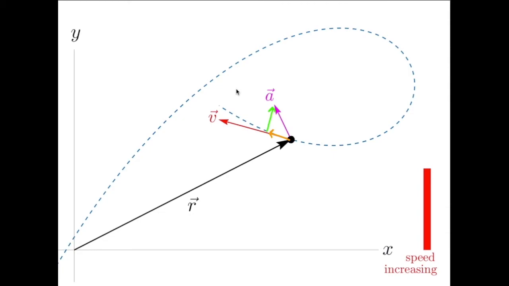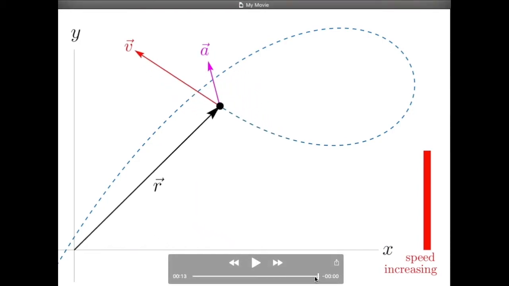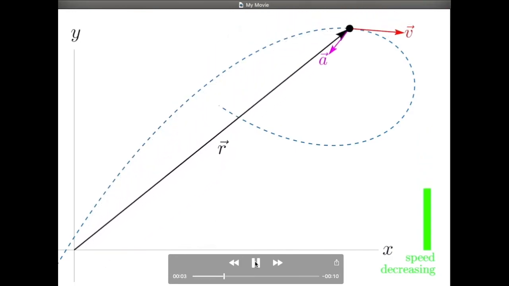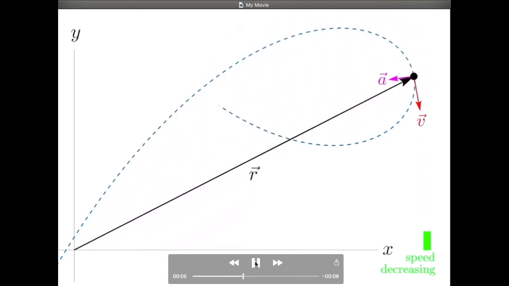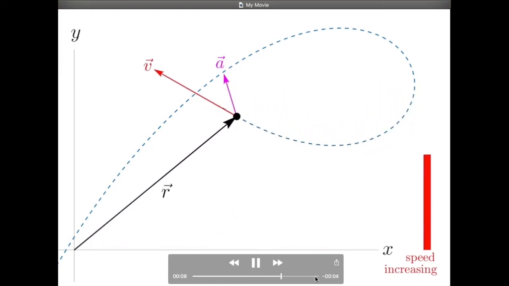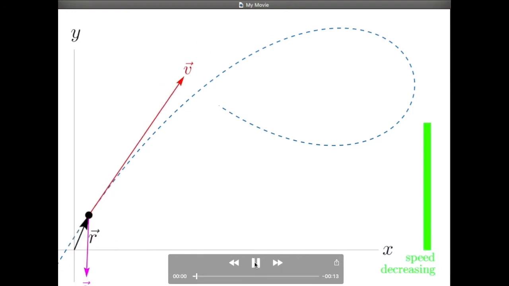Let me erase these. We'll play this animation and look at the acceleration vector at a couple of other points. Okay, so watch the acceleration vector as this animation plays. In the beginning, you should see that the object is slowing down.